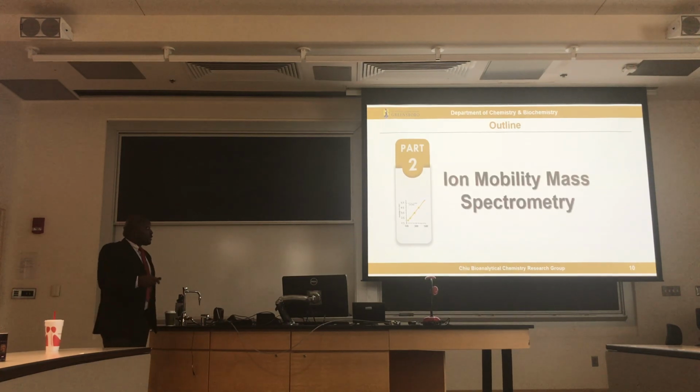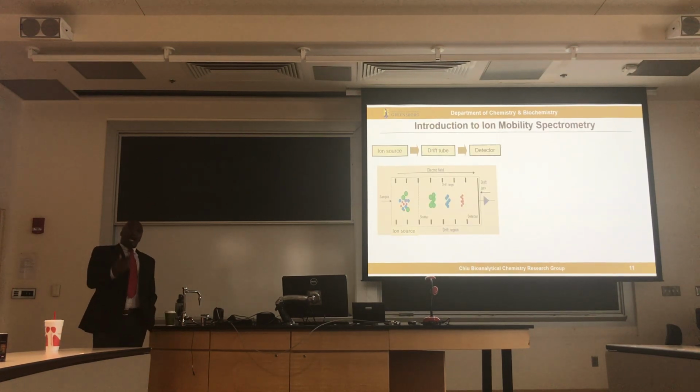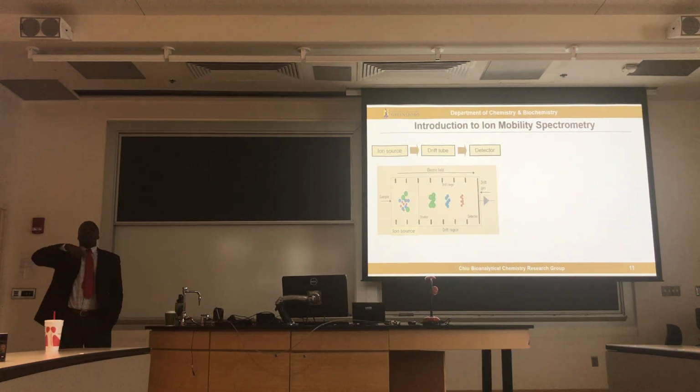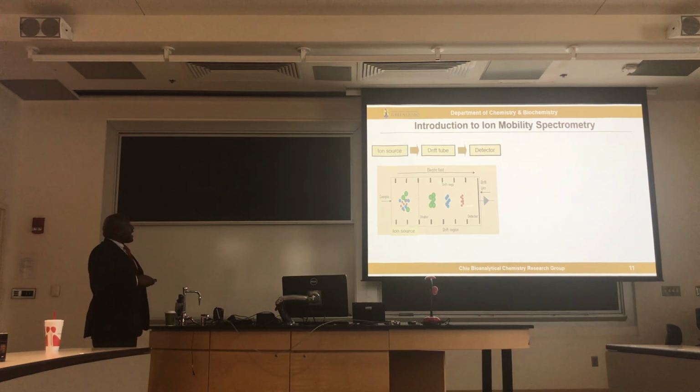So in part 2, I'm going to discuss what ion mobility mass spectrometry is. Generally, when we talk about ion mobility, what comes to mind traditionally is drift tube ion mobility. In drift tube ion mobility, we have the drift tube, and it has an electrostatic electric field, meaning that the electric field here is uniform.